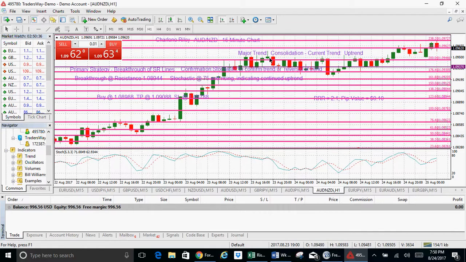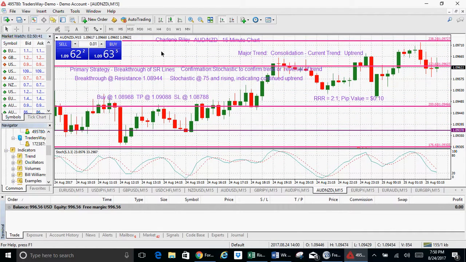So we're okay there. And now I'm looking at my 15-minute chart, and I see that the overall trend is an uptrend, but there's been a downtrend and now some market uncertainty. I'm going to trade on the 15-minute chart.